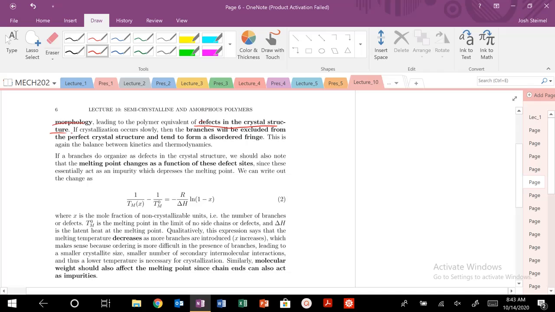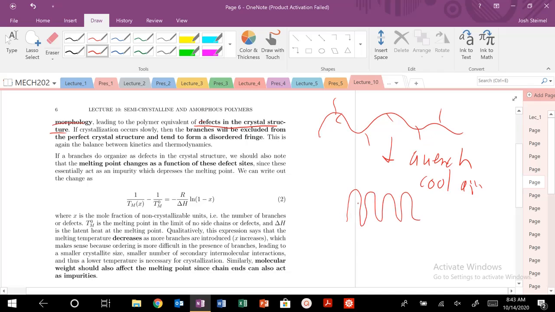The polymer doesn't have time if I quench, which means cool very quickly. There are still going to be these branches here, and we're going to see a better schematic in a second.